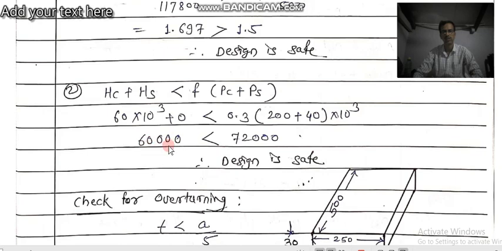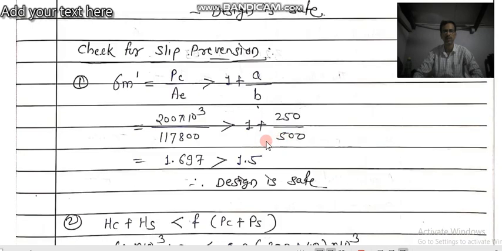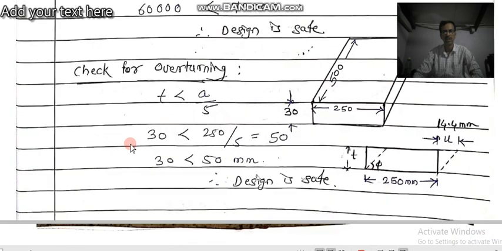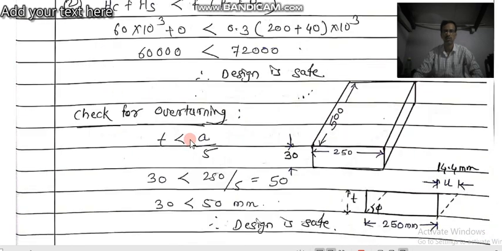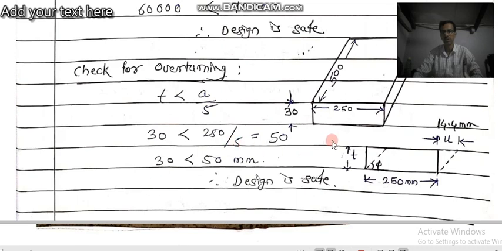So this 60,000 is less than 72,000, therefore the design is safe and these pads are safe against slipping. The last step is the check for overturning. As already decided, the thickness is less than A by 5, that is 30 mm is less than 50 mm, therefore this design is safe against overturning.